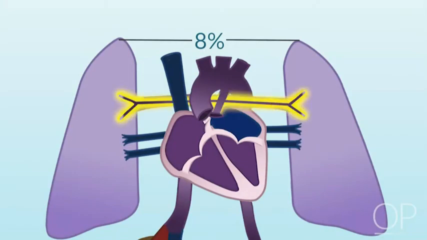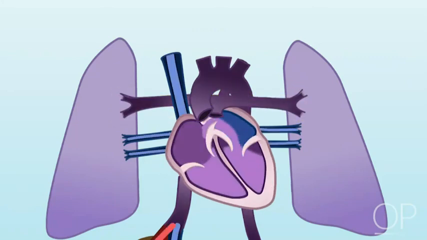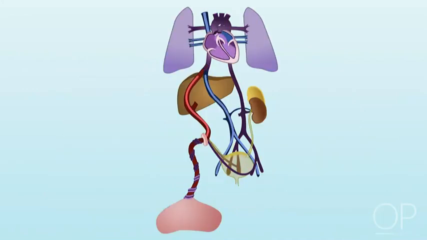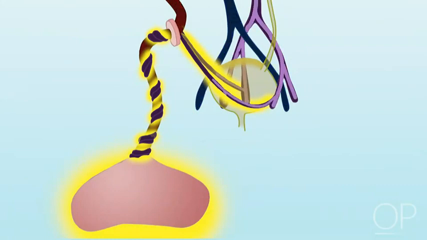Only 8% of right ventricular output flows into the lungs, providing nutrients for the developing lung tissues. Most of the blood passes through the ductus arteriosus into the aorta and out to the body. The umbilical arteries allow blood to flow from the body back to the placenta to be enriched with oxygen and nutrients.